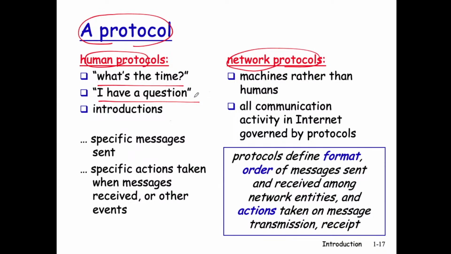So that is the protocol to get a question answered. Okay. So for people first meeting each other, how do you introduce yourselves to each other? Yeah. So there are specific protocols that allow humans to communicate with each other. Okay. They usually involve specific messages and specific actions taken after the messages are received. Right, and so on and so forth.